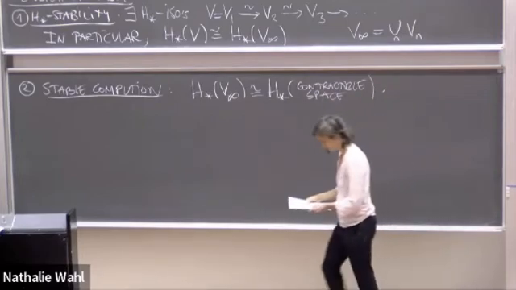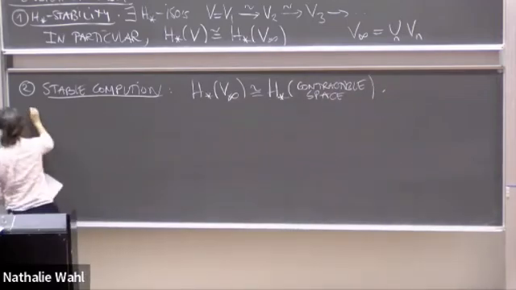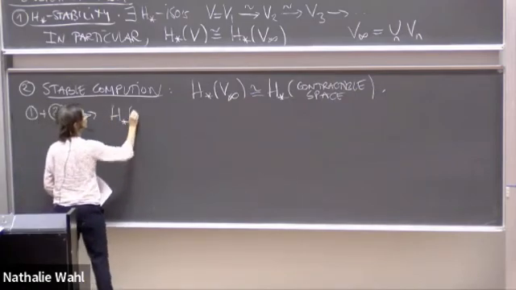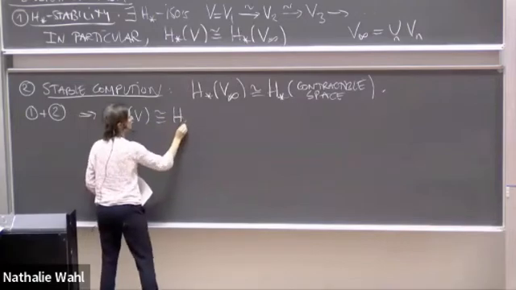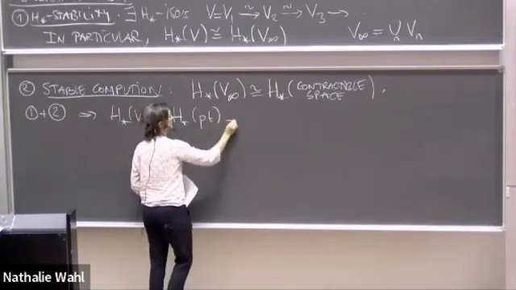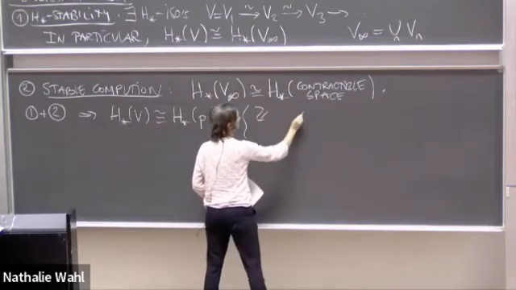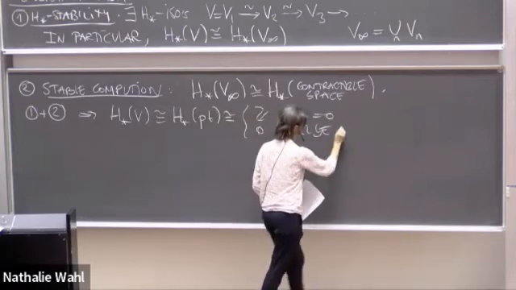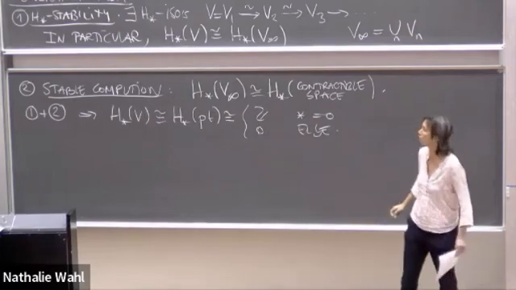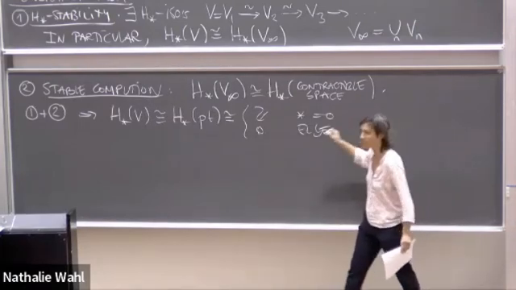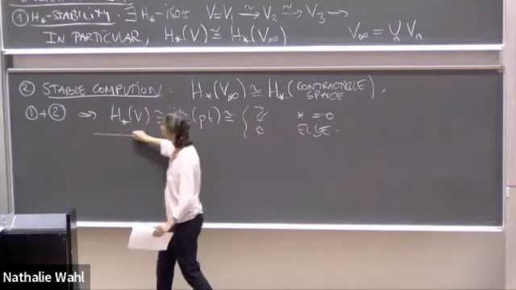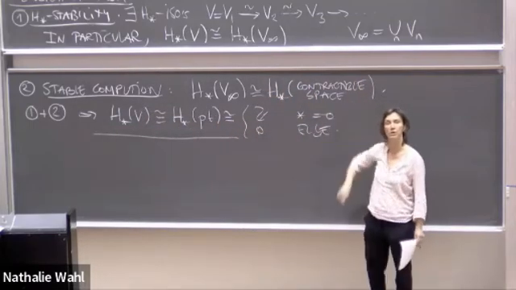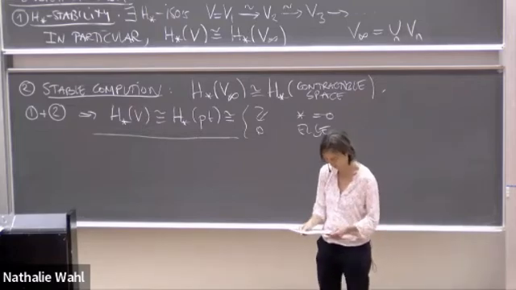And when we put these things together, 1 + 2, it gives you that the homology of V is isomorphic to the homology of a point, and that is exactly Z when star is 0 and 0 otherwise. Okay, so what I want to do today is give you an idea of how one might come up with such a proof given a group of this sort.